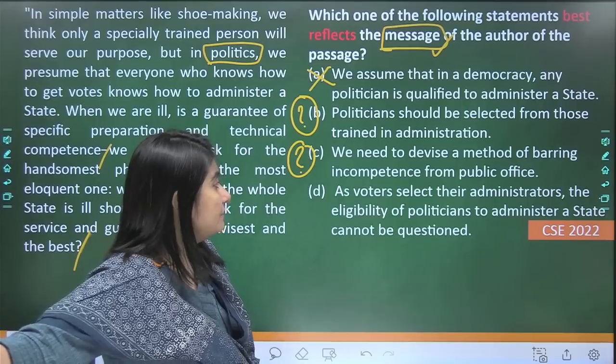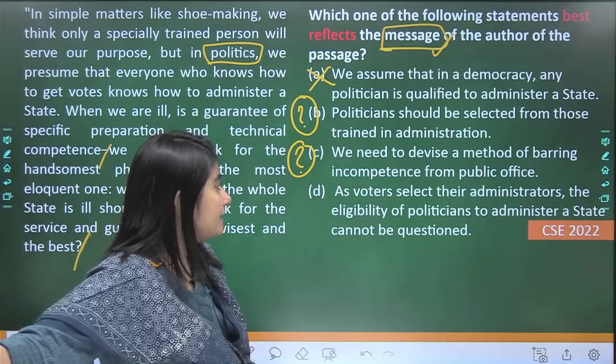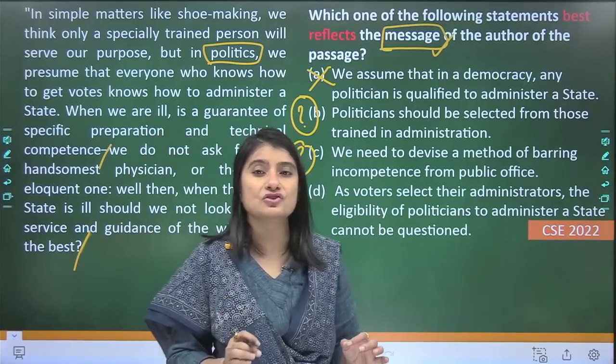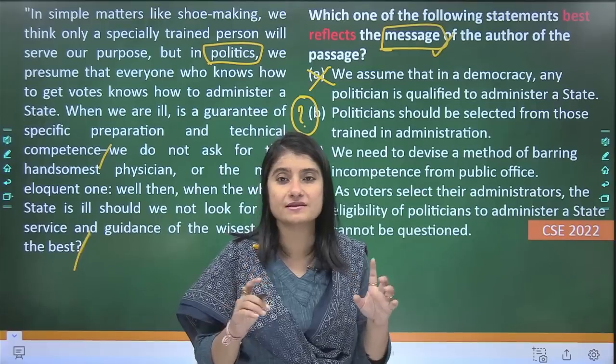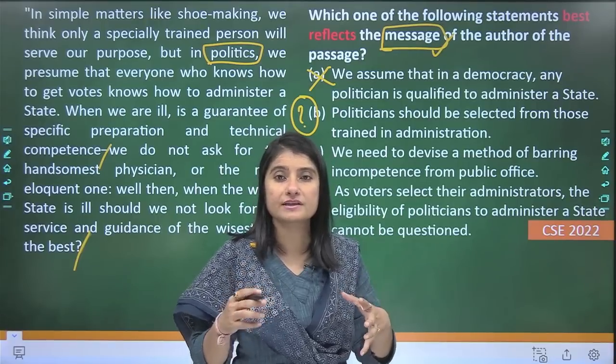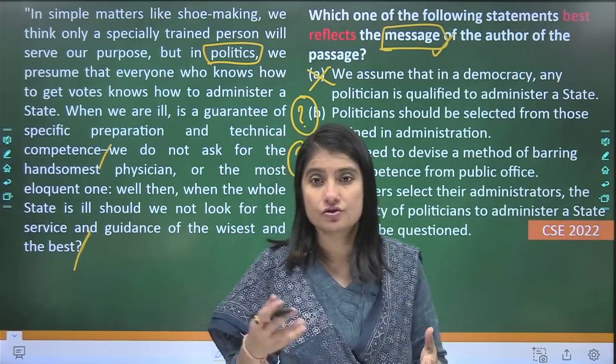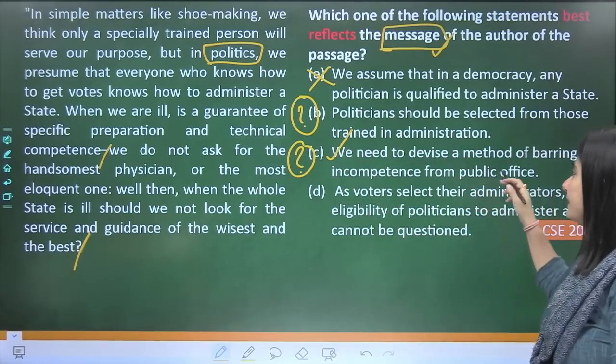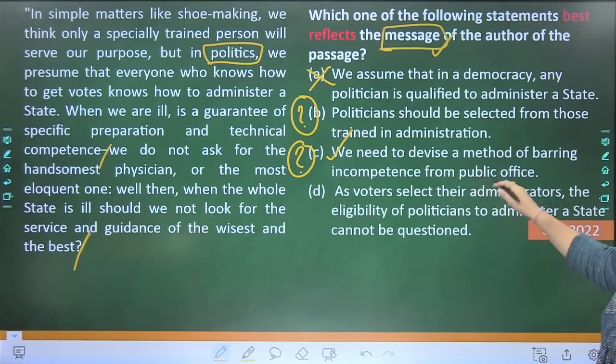The second one, we need to devise a method of barring incompetence from public office. A message will not be a very specific statement, it will always be a broader statement. So based on that, C will be the answer. We need to devise a method of barring incompetence from public office.